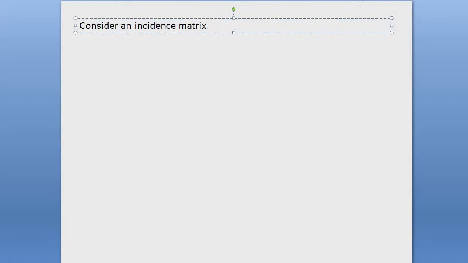Capital A is given by, you just consider elements.